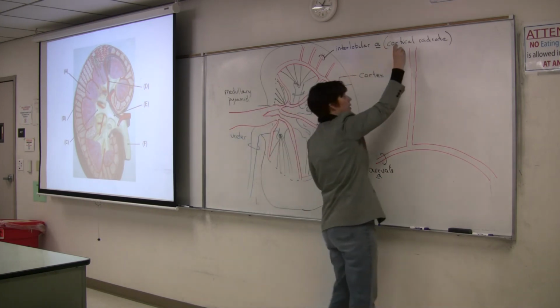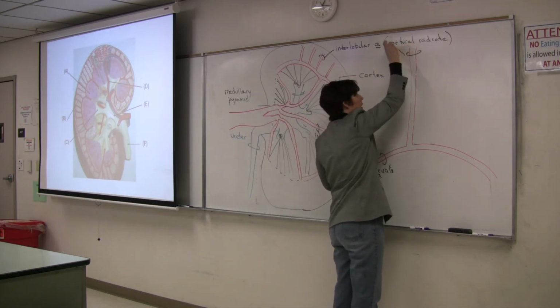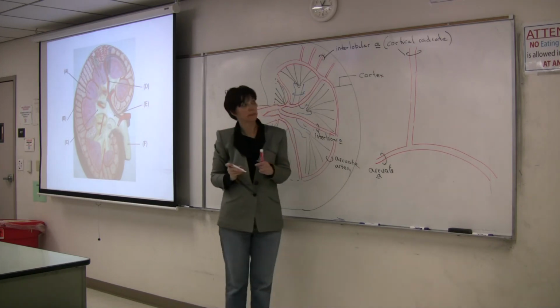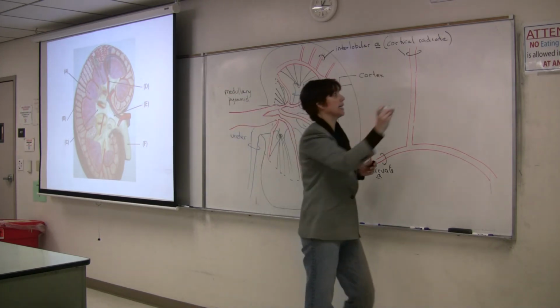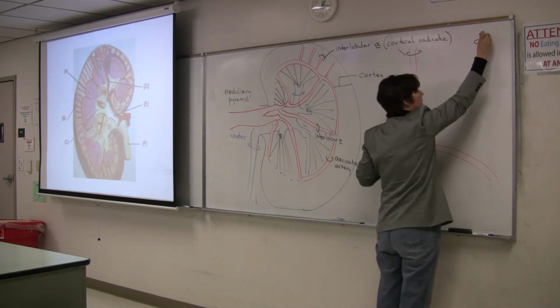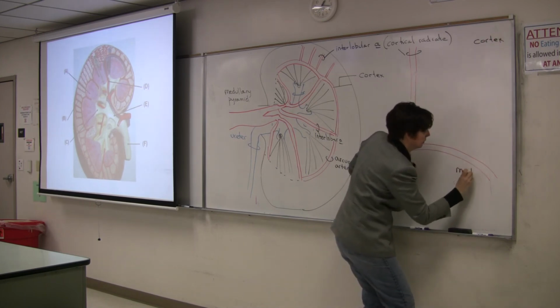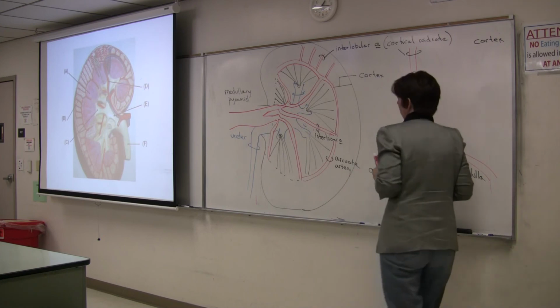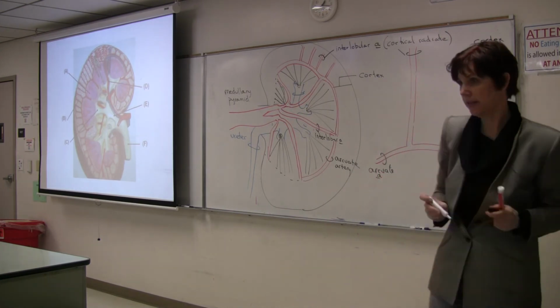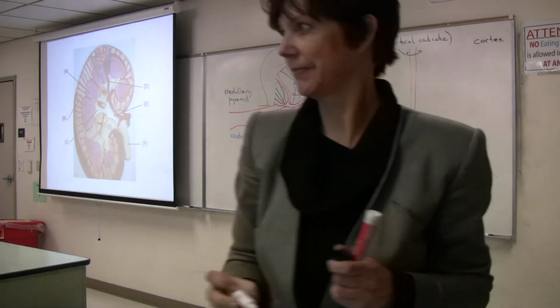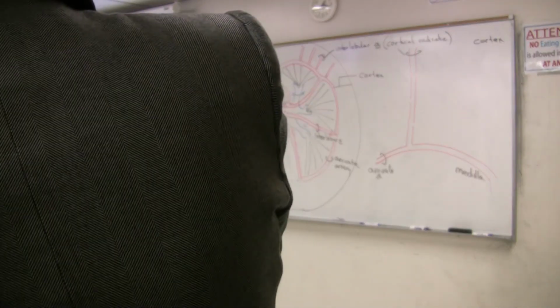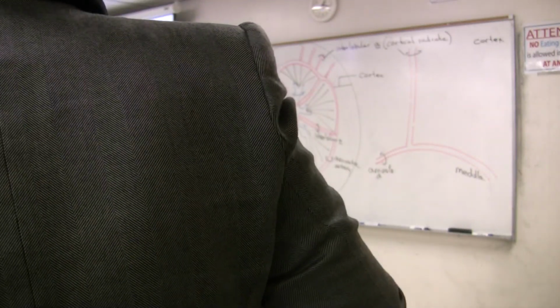Here would be the cortical radiate, or interlobular. So all of this would be cortex. And this would be medulla. All right? Everybody with me? I'm just taking that smaller section and drawing that larger portion.